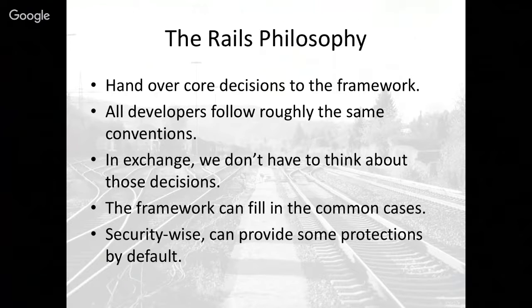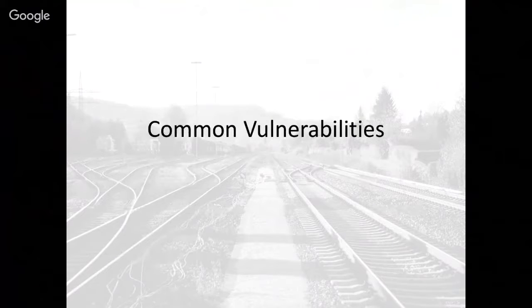They failed miserably with things like magic quotes. In Rails applications, because the framework gets more involved in the decision-making process, they can tell us, follow this and you'll be all right.